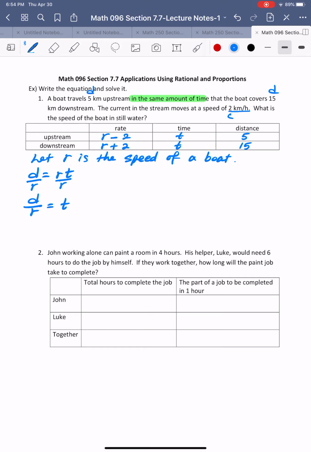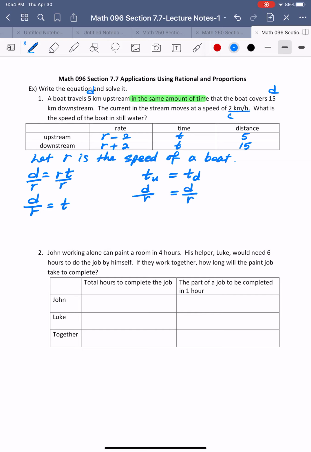I'm going to set the time upstream and the time downstream equal because it takes the same time. The time upstream is d over r and the time downstream is d over r too.